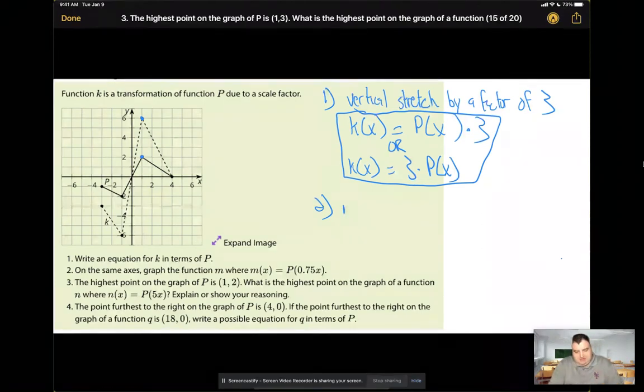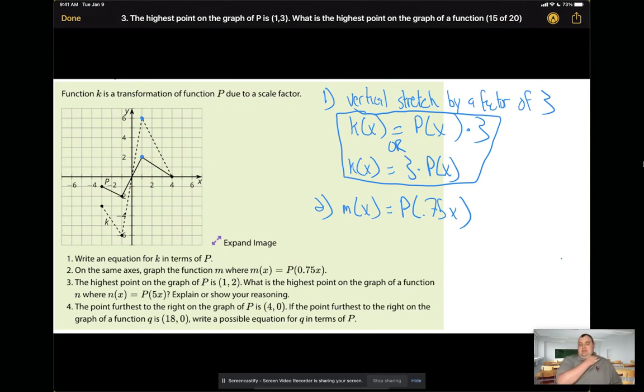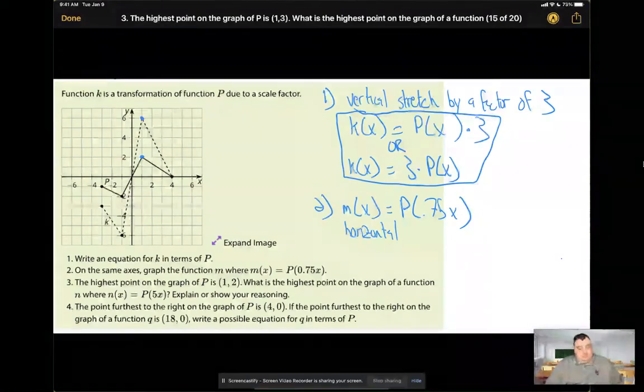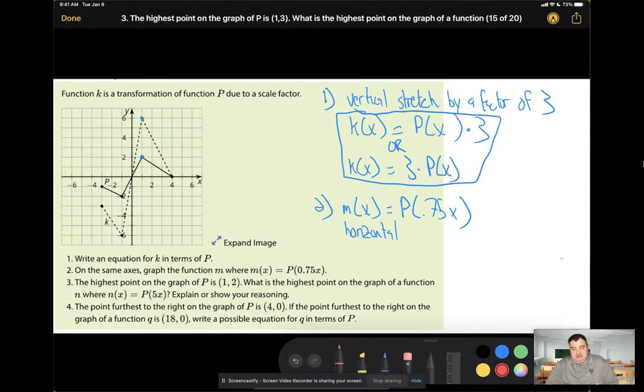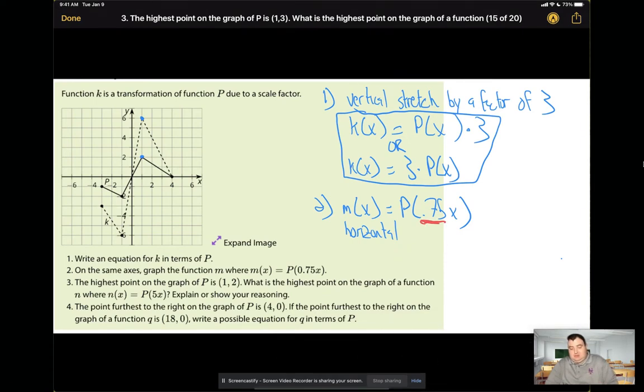So the multiplication is on the inside, which means this is going to be a horizontal stretch or squash. The number that's being multiplied on the inside is 0.75. We know that 0.75 is equivalent to 3/4.